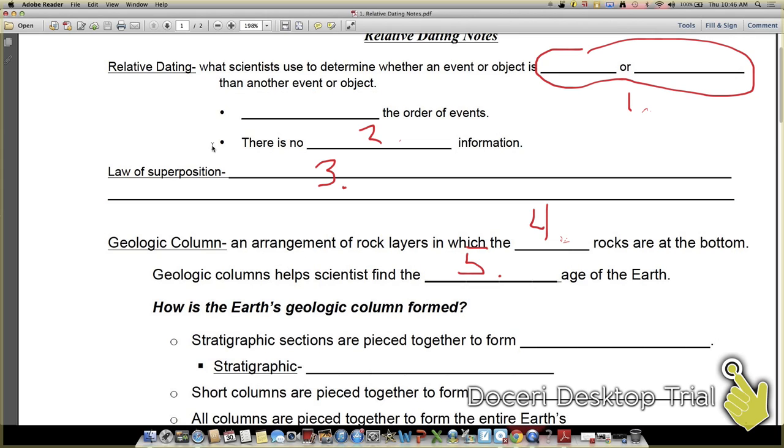Now we're going to look at how the Earth's geologic column is formed. There are stratigraphic sections that are pieced together to form what? Stratigraphic sections from around the world are pieced together to form what?